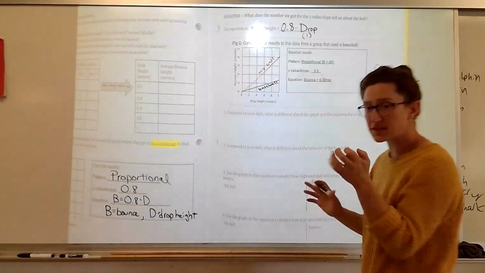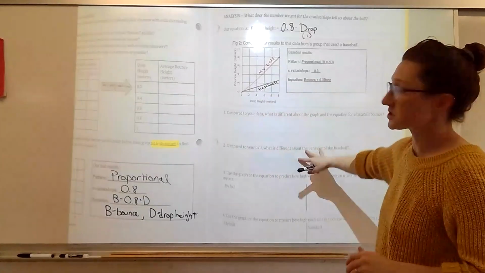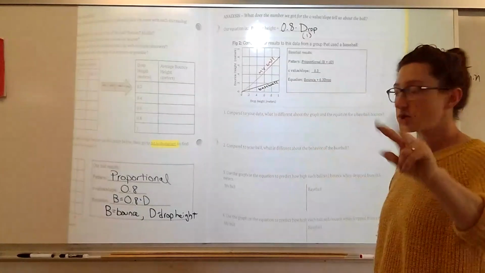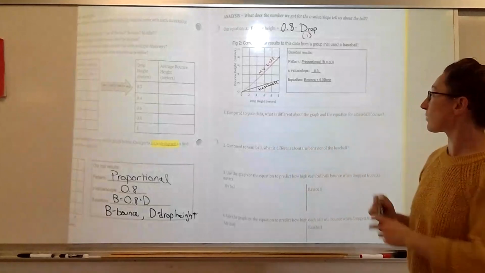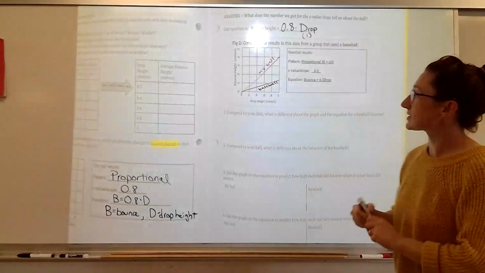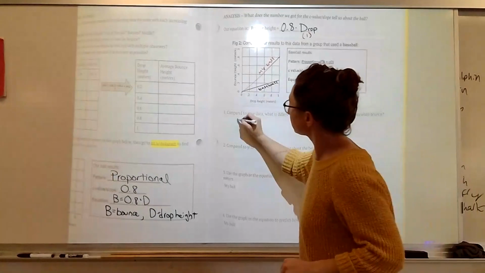It's going to help me out for being able to do these questions. So questions 1 and 2. Compared to your data, what is different about the graph and the equation for the baseball bounce? Well, on the graph, the line is lower.